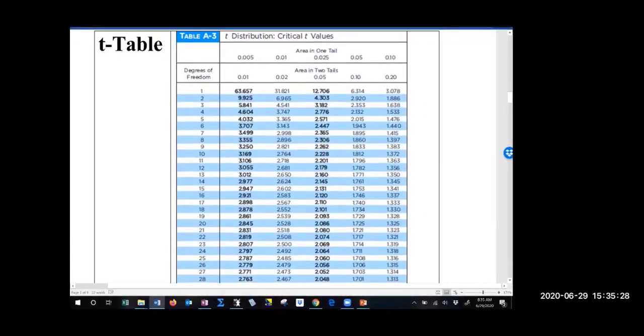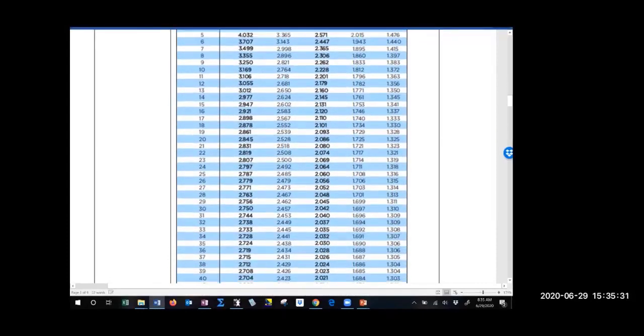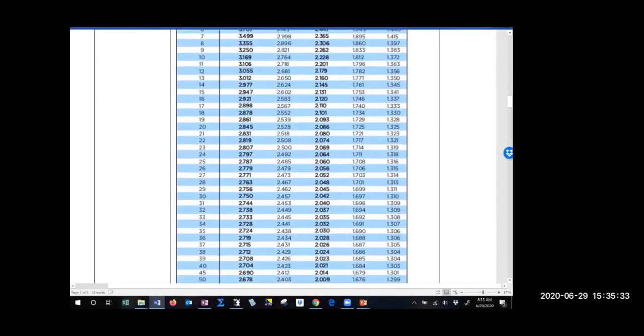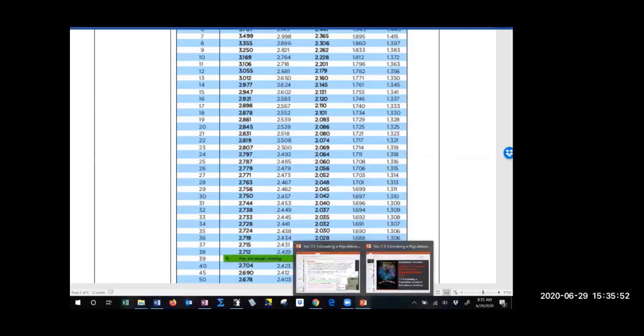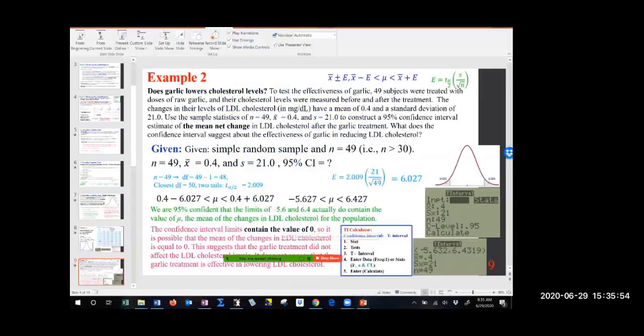So that's why we go down to 50, and then this fourth column, and it's 2.009, and we picked that one. So T is plus minus 2.009 as far as the two values are concerned, because remember we have the negative side and the positive side.